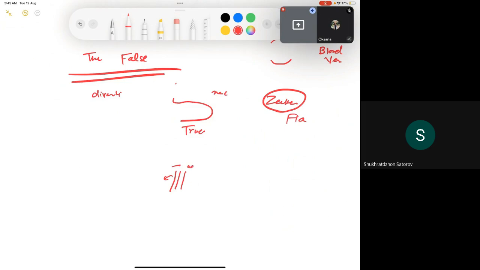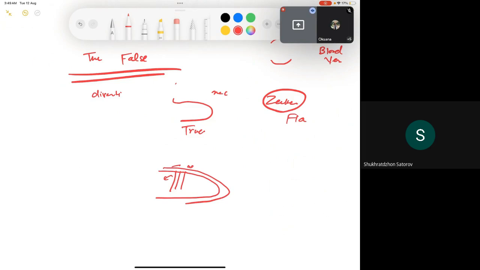Whenever all three layers are pushed outward, as in Meckel's diverticulum, that's a true diverticulum.